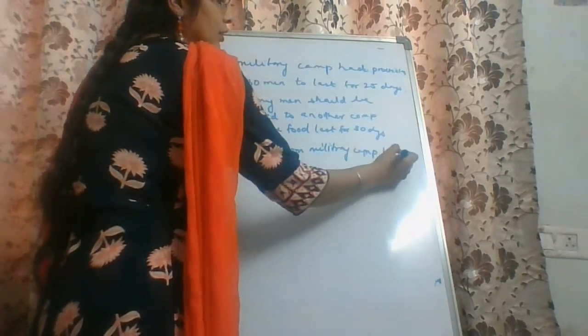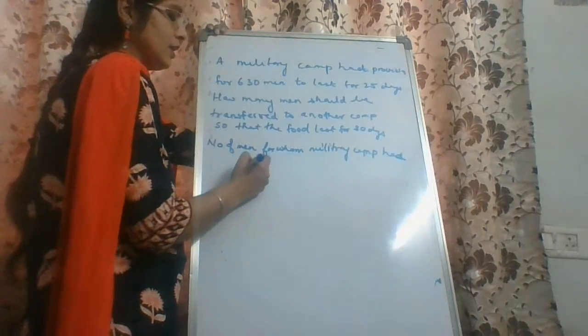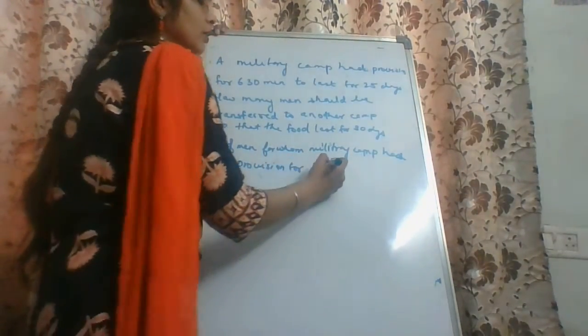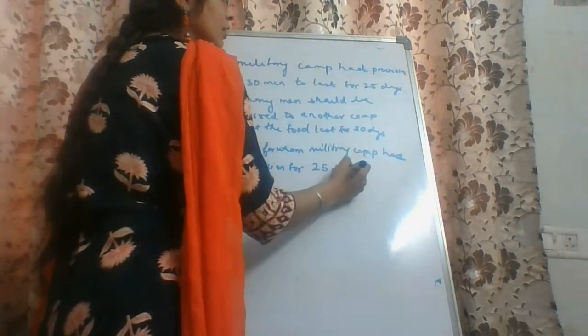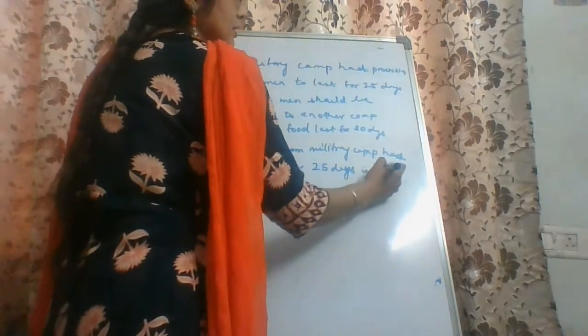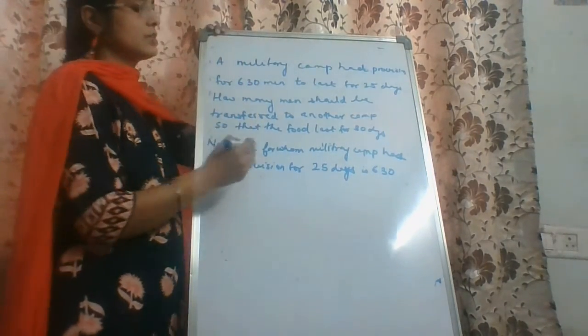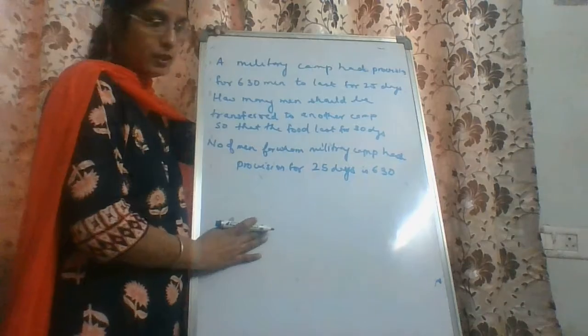That means the number of men for whom the provision is there for 25 days is 630.